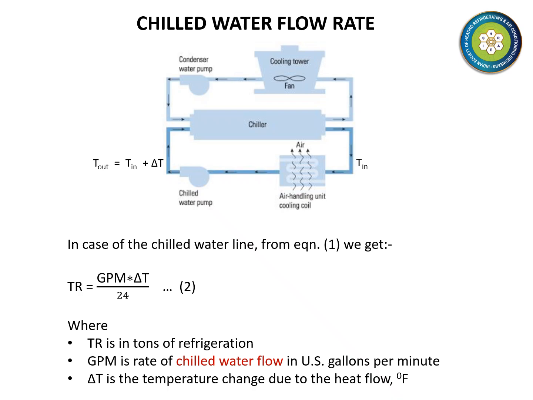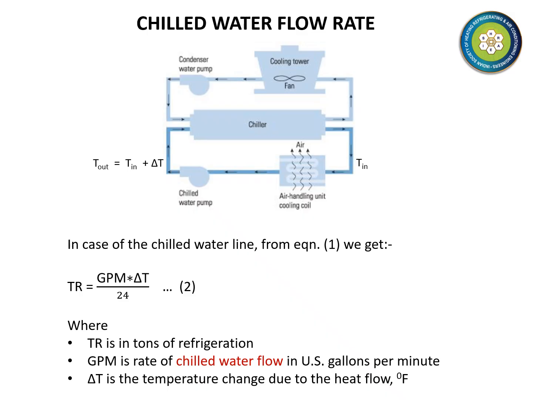In case of the chilled water line, we can convert the water flow rate from pounds per hour to US gallons per minute and rate of heat flow from BTU per hour to tons of refrigeration.